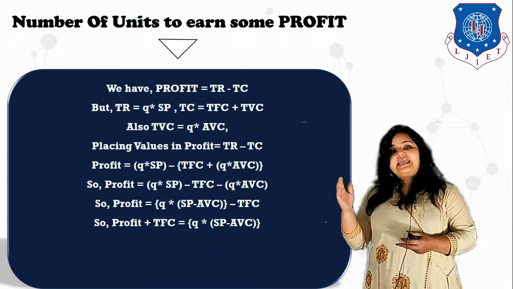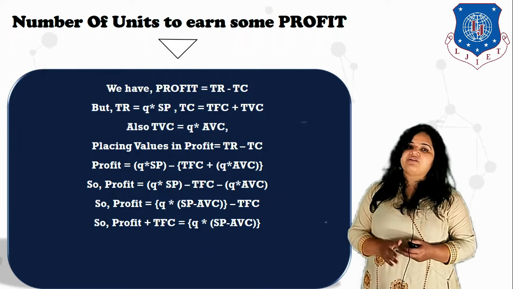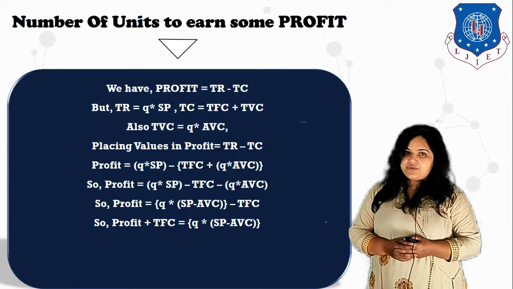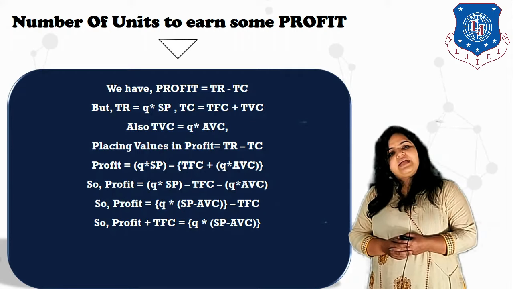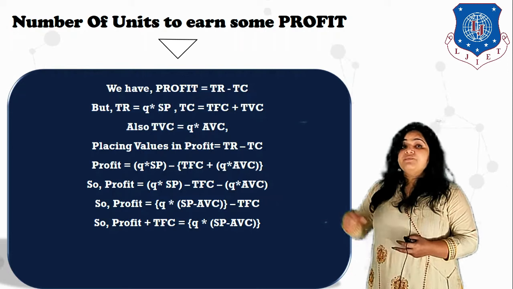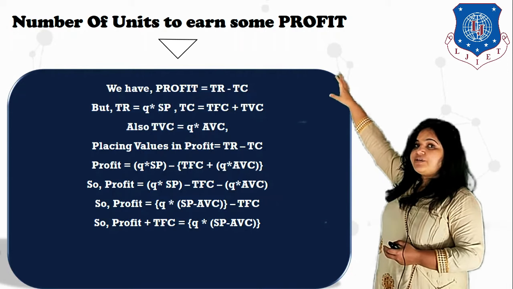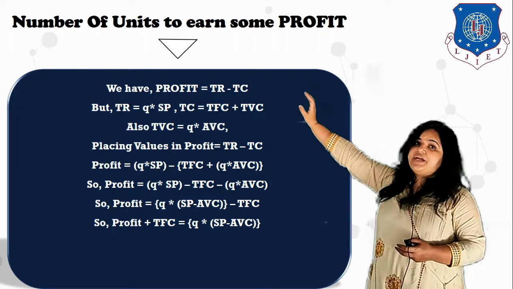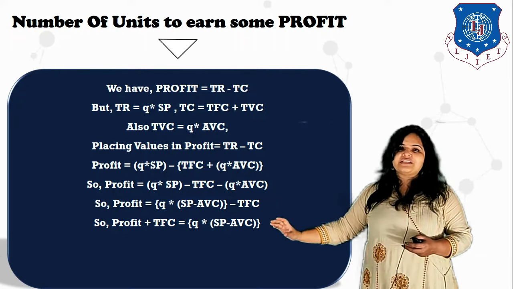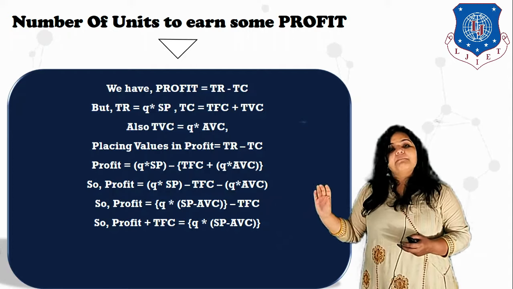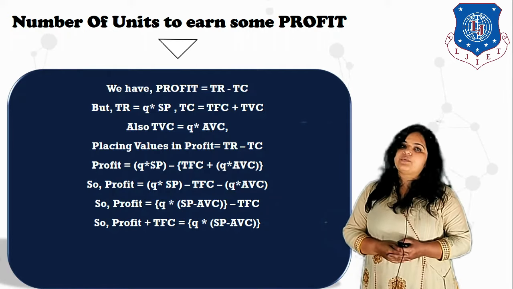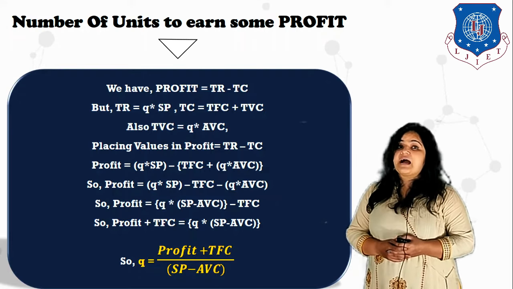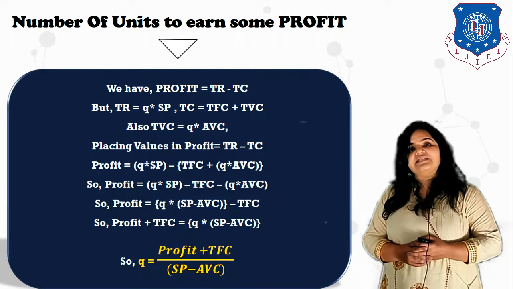So, taking TFC to the side of profit, we have profit plus TFC is equal to Q into SP minus AVC. We need to find Q here, the number of units to earn a specific amount of profit. Making Q the subject of the equation, we have Q is equal to profit plus TFC upon SP minus AVC.